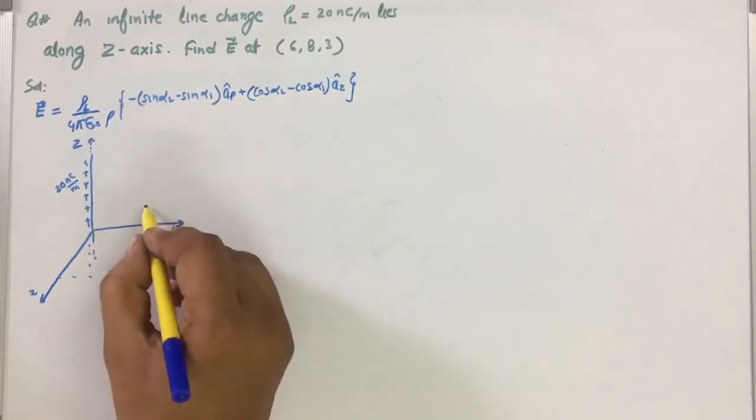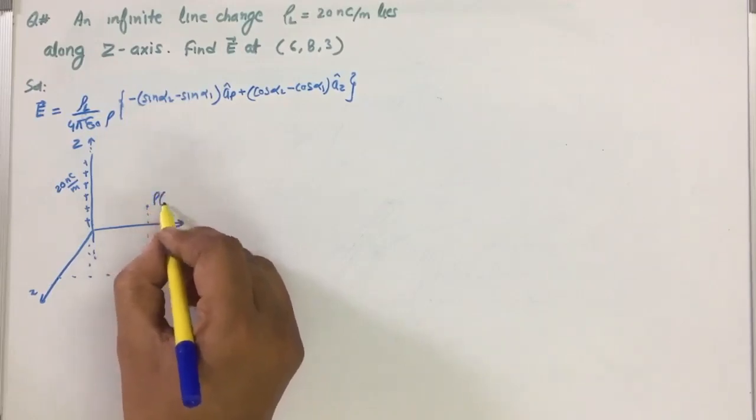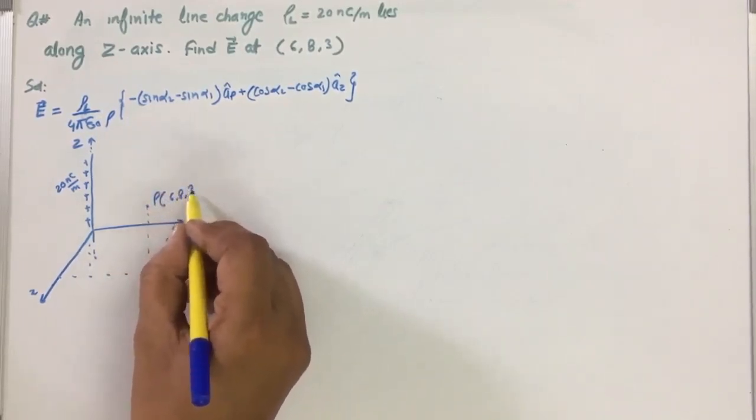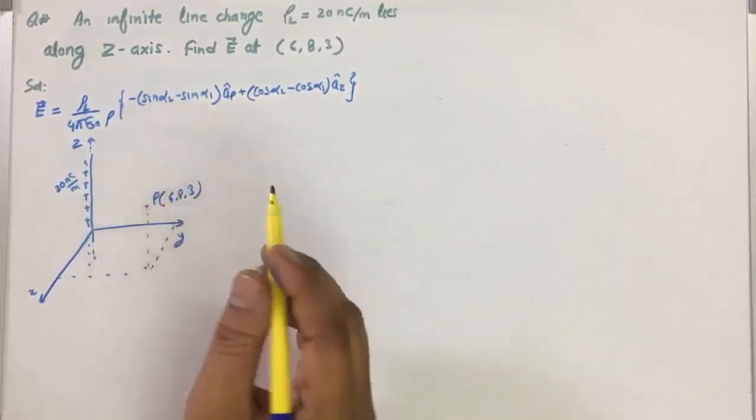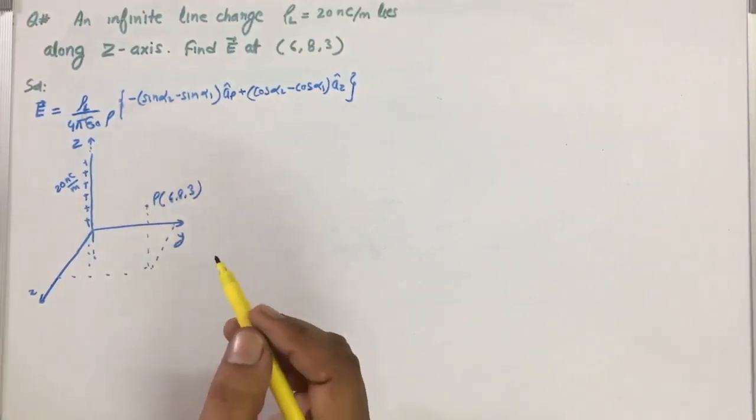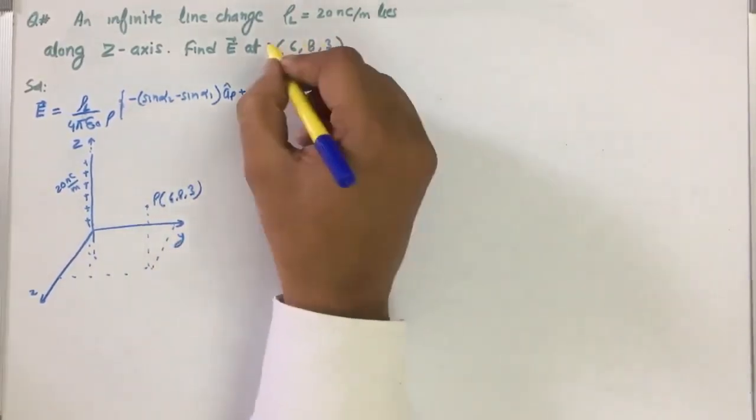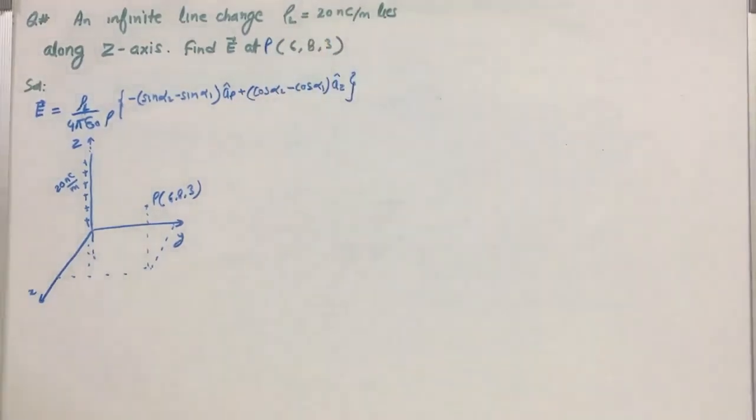So the point of interest P is (6, 8, 3). This is the point of interest, P. Now we have to find the electric field at this point.